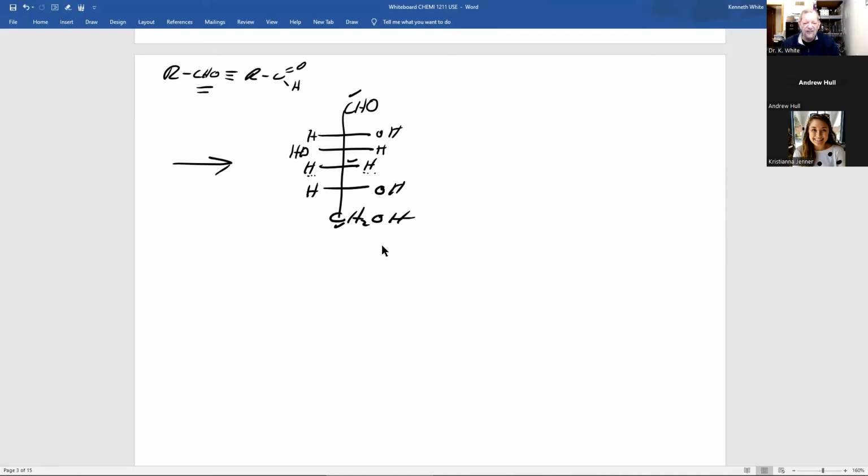Now, if we look at this carbon right here, it has a hydroxyl group, hydrogen, aldehyde, and the rest of here I'll call R. So it's got 4 different groups. The next carbon here, hydroxyl group, hydrogen, hydroxyl group, hydrogen.